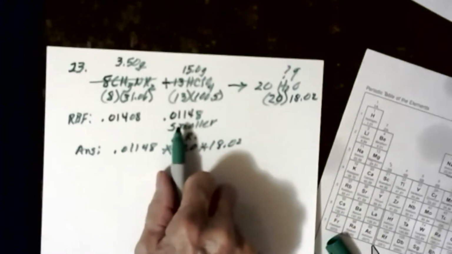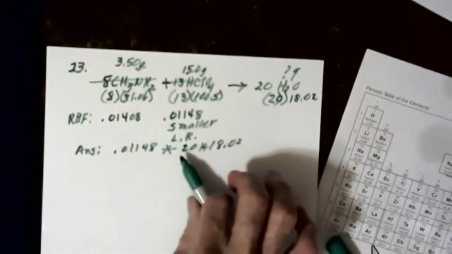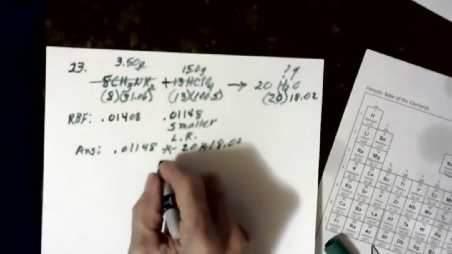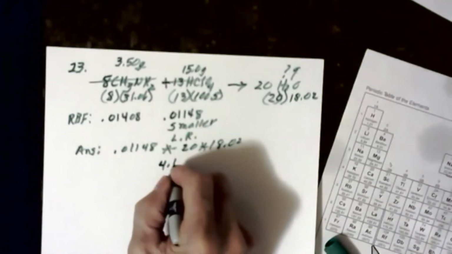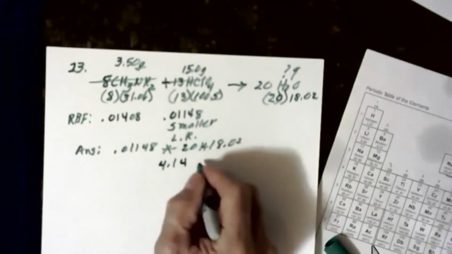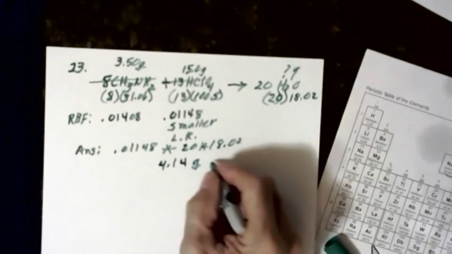Now, just by luck, I calculated this one last, so it's still in my calculator. So I can finish this calculation just by saying times 20 and times 18.02. And I get 4.1377, which is 4.14 grams of water.